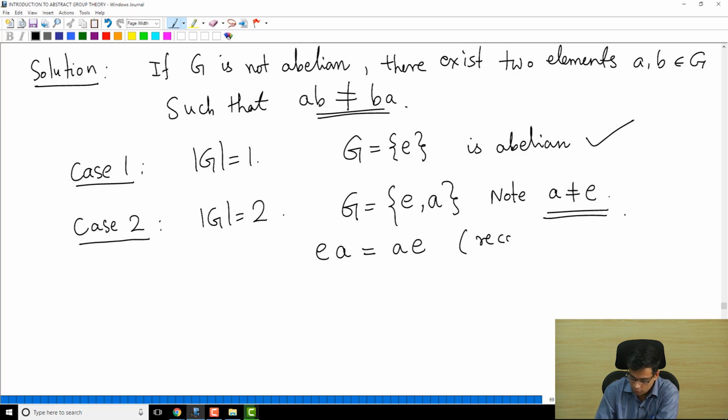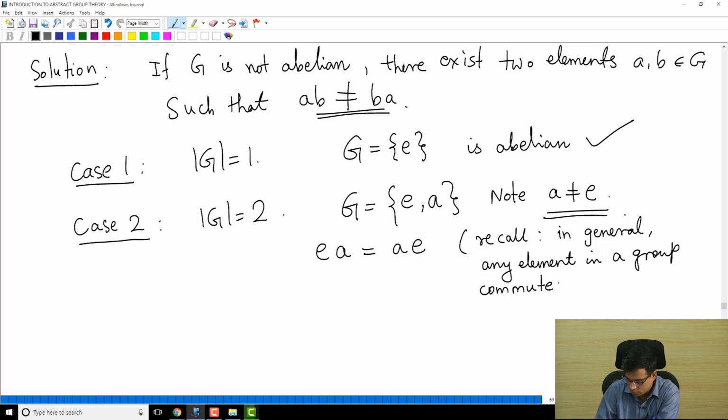So, recall that in general any element in a group commutes with the identity element.